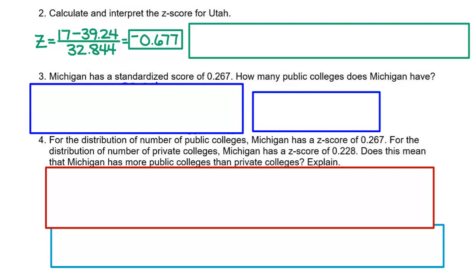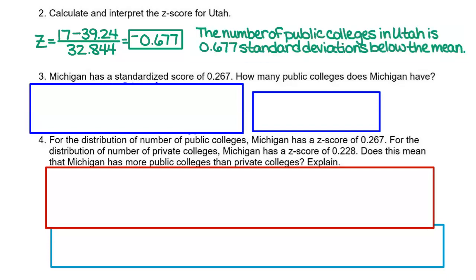We start with context. What's our context here? So Utah's number of public colleges is 0.677 standard deviations below the mean. The number of public colleges in Utah is 0.677 standard deviations below the mean.